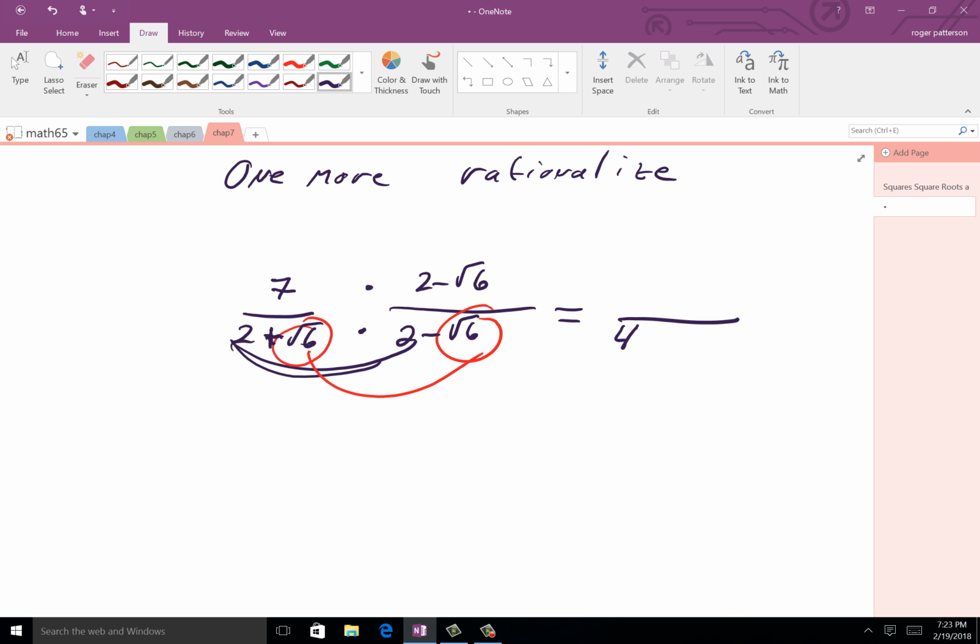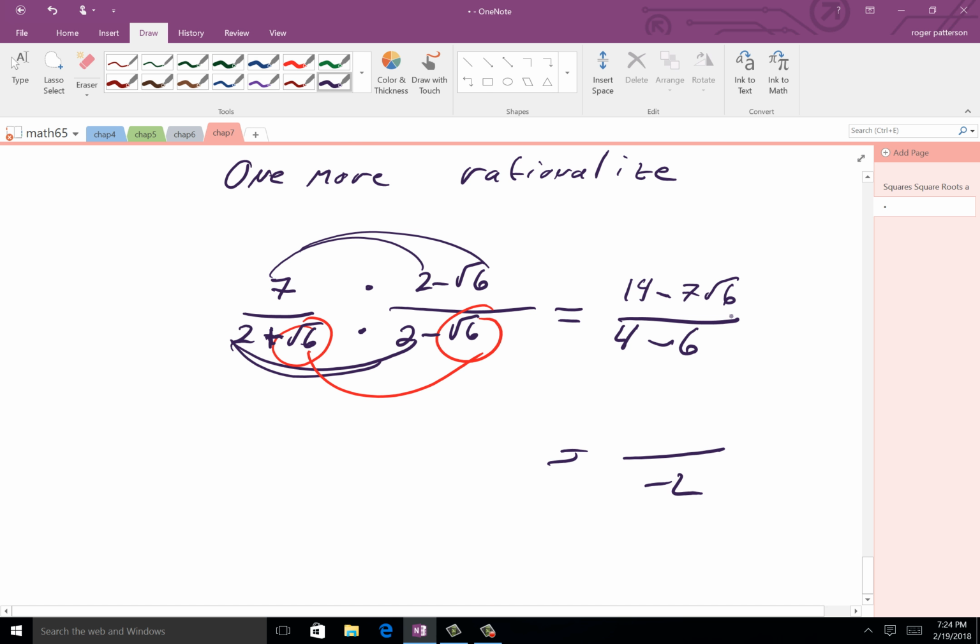But you can FOIL it, certainly. It doesn't make any difference because it's all going to come out in the wash. So we're going to get a minus, and then square root of 6 times the square root of 6, 6. So the bottom's done. Now we're going to work on the top. So we move that inside. What are we going to get on the top here? 14 minus 7 square root of 6.